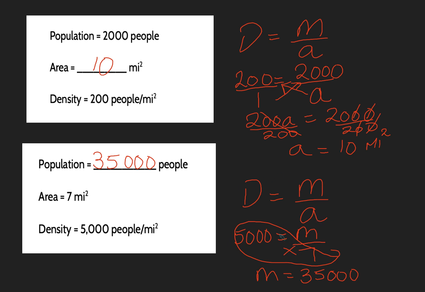So I always tell students, take a look at this one. If it looks like this, where you have the 5,000 here and the 7 in the denominator, you'll multiply. If it looks like you have both numbers in the numerator and your missing variable at the bottom, this is when you would divide to get your answer. Well, this one, notice how this looks, you multiply to get your answer.